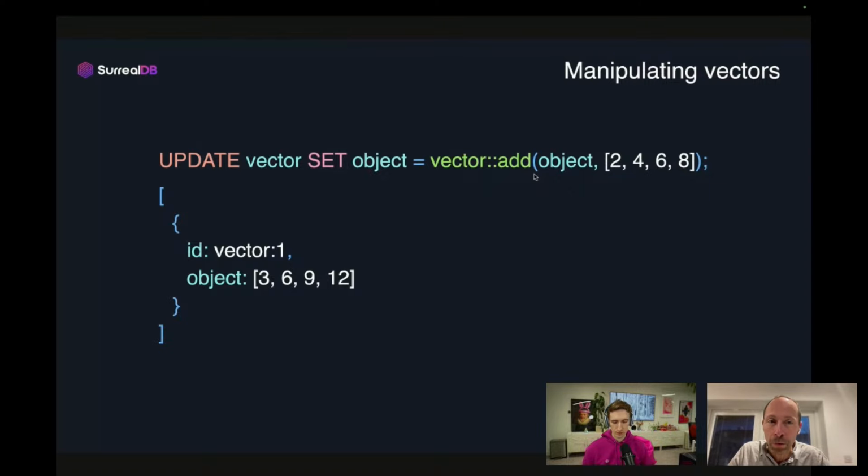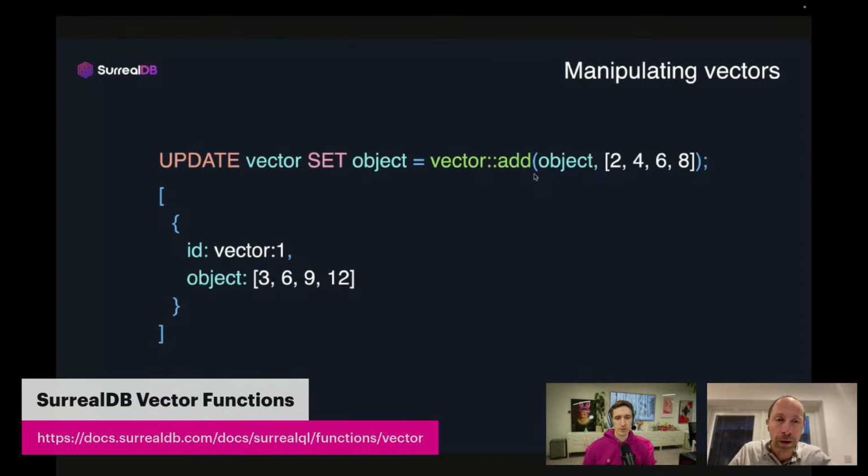Vector add is doing addition between vectors. So we are just saying that the object field in the vector record is going to be added this other vector. And we are adding this vector of 2, 4, 6, 8, right? And it returns the updated record. So my vector 1 is now updated, it becomes 3, 6, 9, 12, right? Because adding 1, 2, 3, 4 to 2, 4, 6, 8 exactly does this new vector.